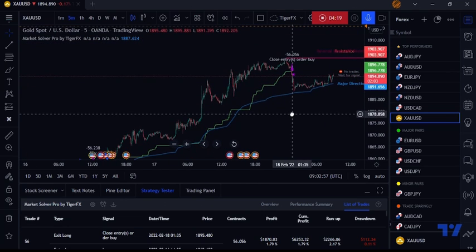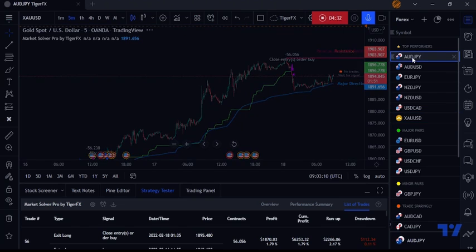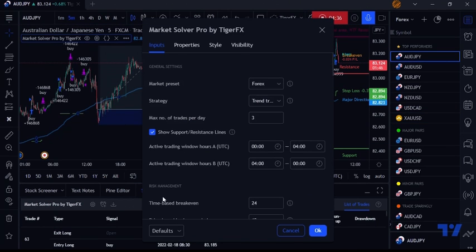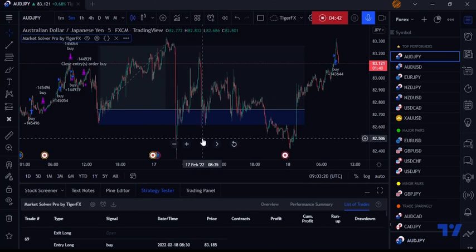Other pairs, we did not get good signals on Market Solver Pro for the past couple days. So Monday and Tuesday, I think, were very choppy as well on the Aussie and the Kiwi. So let me just reset the settings here. Let's show the support resistance.